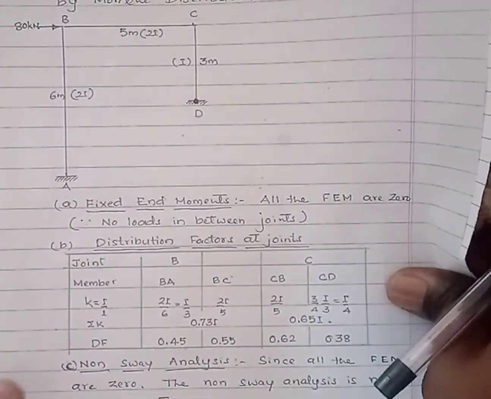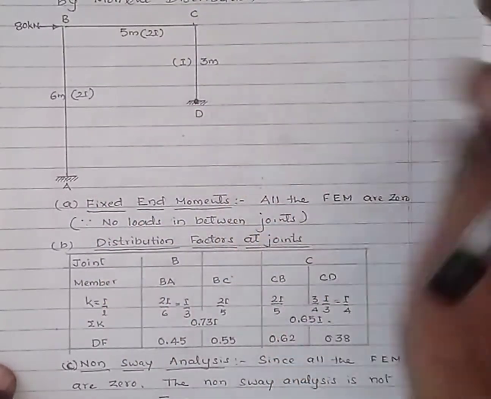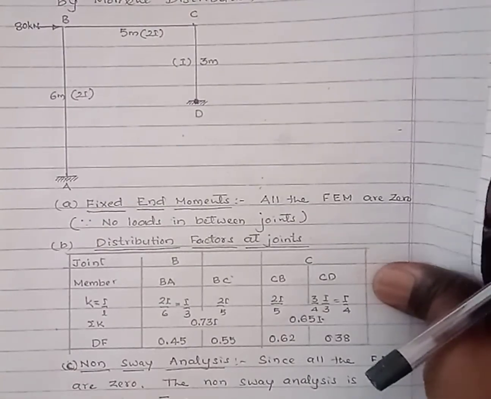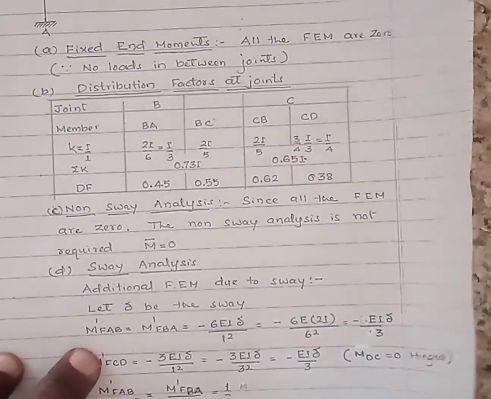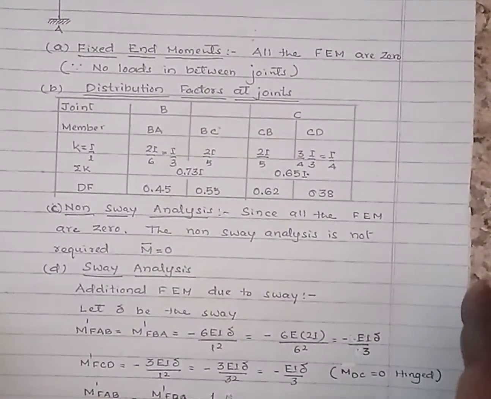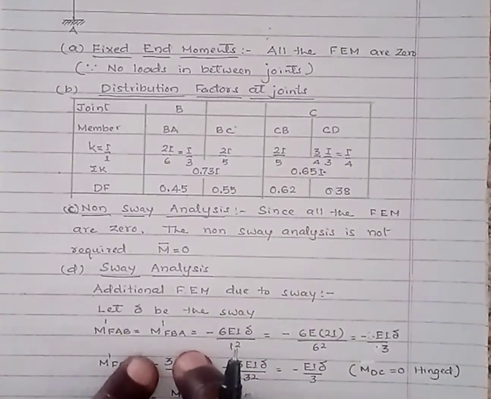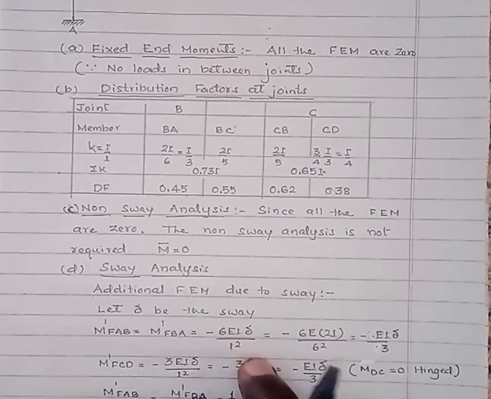One vertical member is AB and the other vertical member is CD. For CD, D is on a hinge. Therefore, the fixed end moment due to sway in member AB, that is M dash FAB equals M dash FBA, equals minus 6 EI delta by L square.